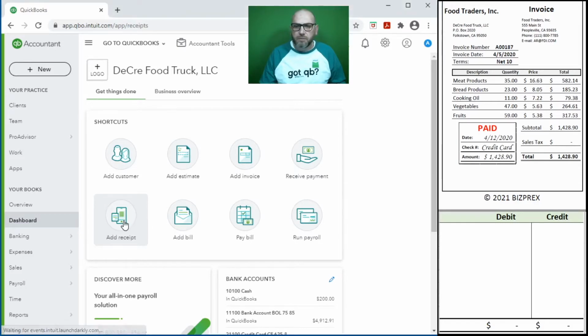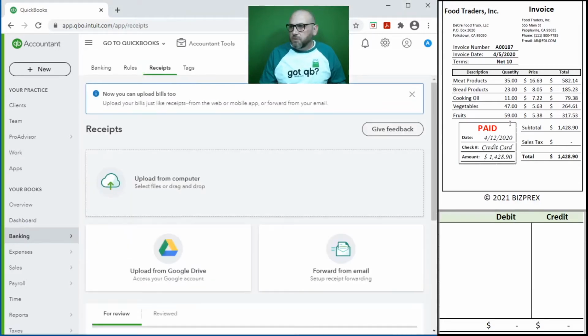So let's get going. Okay, so here we have invoice from food traders. Again, even though it says receipts, you gotta remember that the labels are important for navigation purposes, but they are not what determines your abilities as far as the operations within the software. So let's proceed.